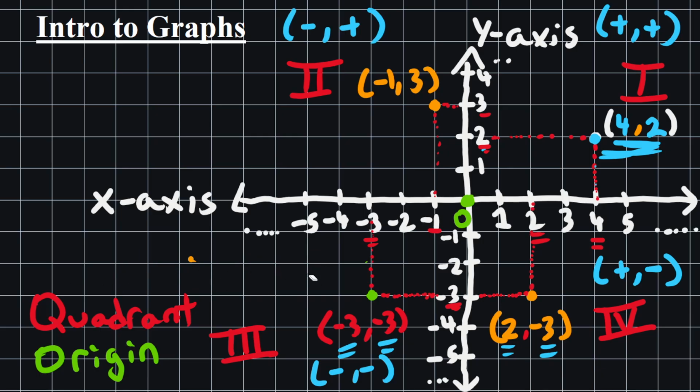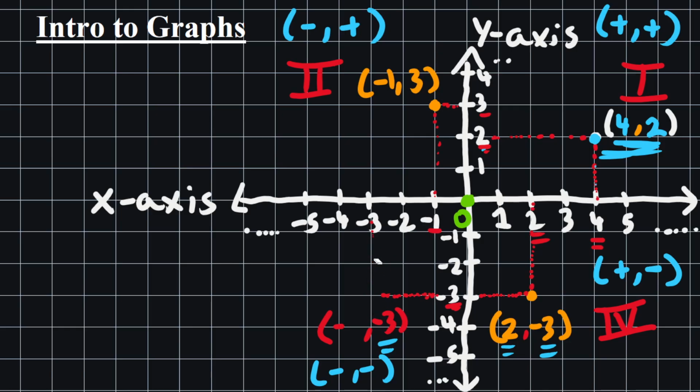Now that we got that out of the way, let's erase some of this and try plotting an equation. Okay, here we go. Let's try plotting an equation.